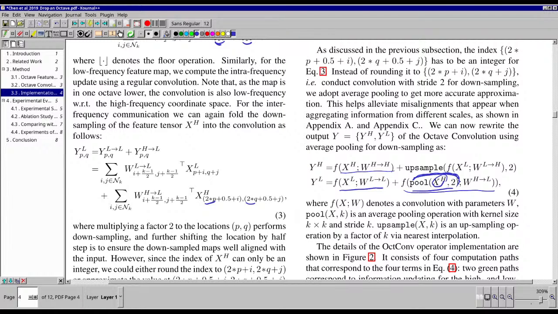Maybe it's not suitable to be downsampled, because if it's downsamplable, it should have been in XL altogether from the beginning, right? But you're taking high frequency, downsampling it first, then applying a convolution on it. That's not good.